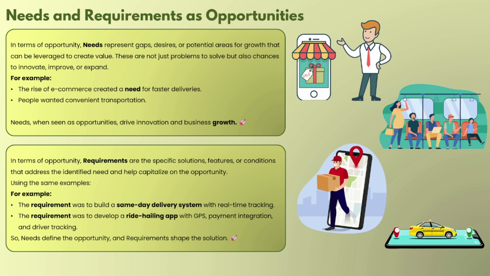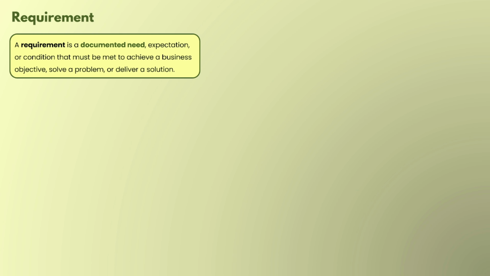Now let us try to understand needs, requirements and types of requirements for a loan management system. So a requirement is a documented need, expectation or condition that must be met to achieve a business objective, solve a problem or deliver a solution.